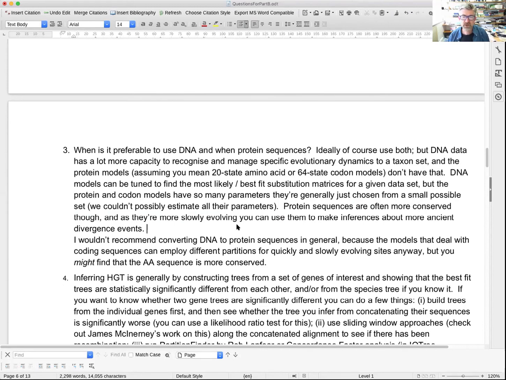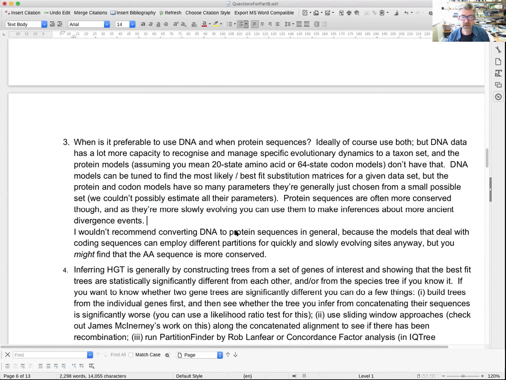Just as a final note on that, I wouldn't recommend converting DNA to protein sequences. If you have DNA and you're wondering whether to just use amino acid sequences instead, the models that deal with coding sequences can employ different partitions, because you can split up your data for quickly evolving sites anyway, so first, second and third position sites.